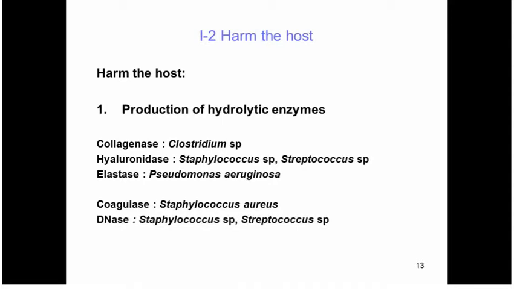DNases are often expressed by other bacteria. So why do these bacteria express DNases? Well, it comes back to this process here. Because these epithelial cells that are getting killed by the bacterial infection have a tendency to release their chromosomal DNA.